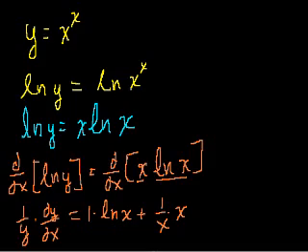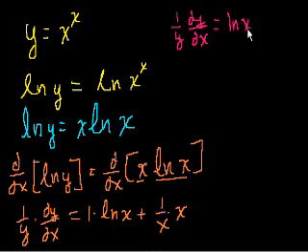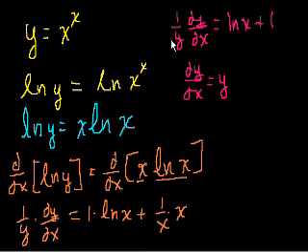All right. So let's simplify this. We get 1 over y dy dx is equal to the natural log of x plus, well, that just cancels out and becomes 1. And so we have the derivative of y with respect to x is equal to y, I'm just multiplying both sides of this equation times y, y times the natural log of x plus 1.